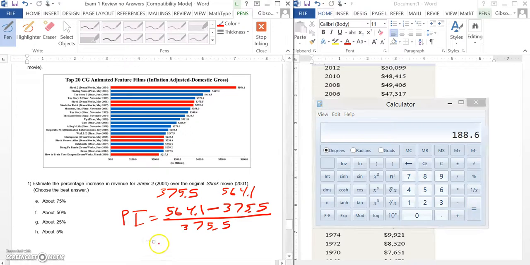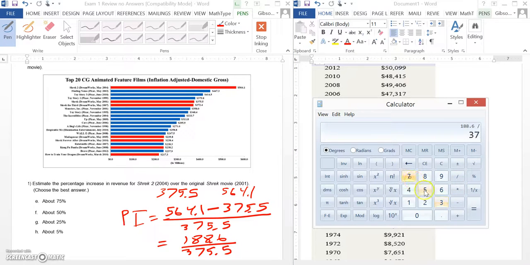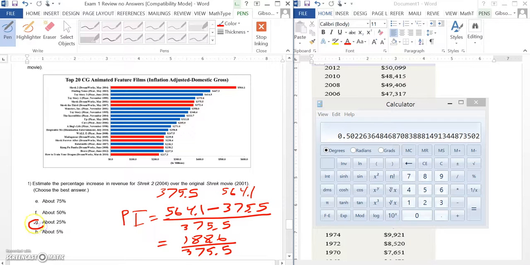So our numerator will be 188.6. And that will be divided by 375.5, which gives us approximately 50%. So our answer here would be F, which is about 50%.